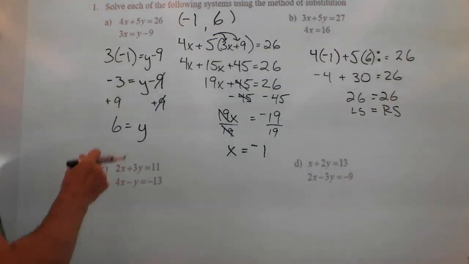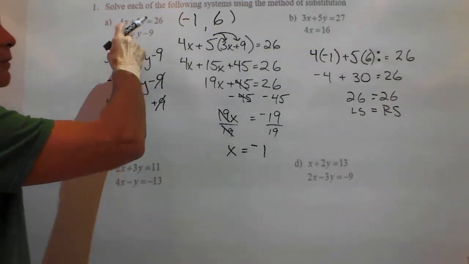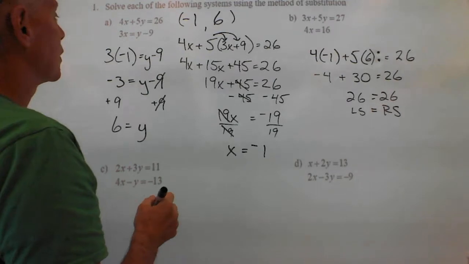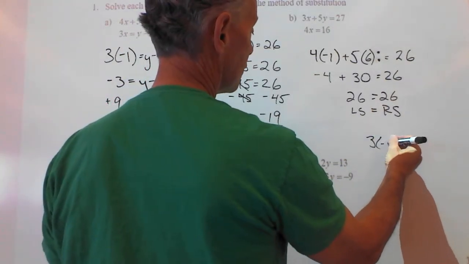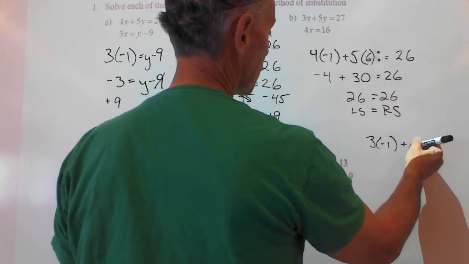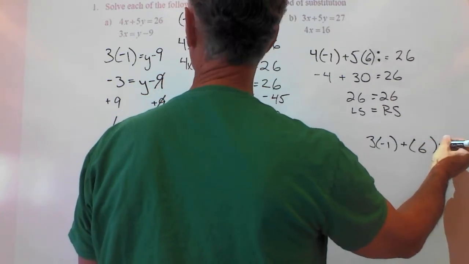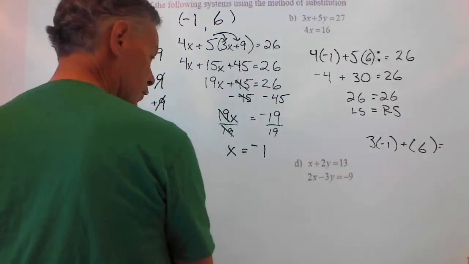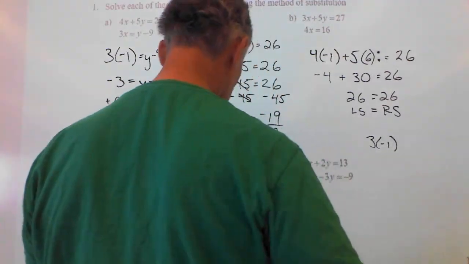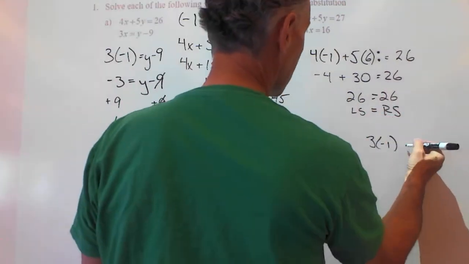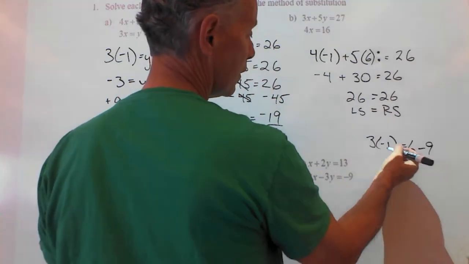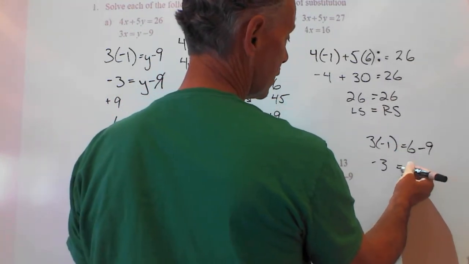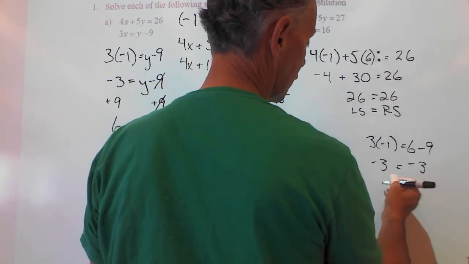Okay? So we'll plug in our value for x and our value for y into the second equation, and we'll get 3 times negative 1 equals 6 minus 9. 3 times negative 1 is negative 3. 6 minus 9 is negative 3.